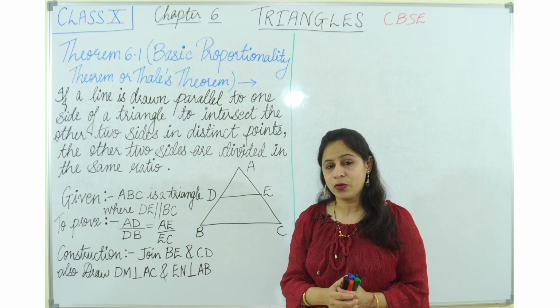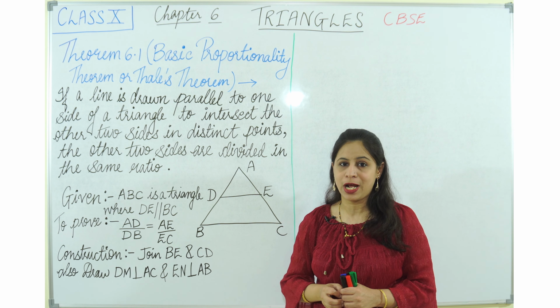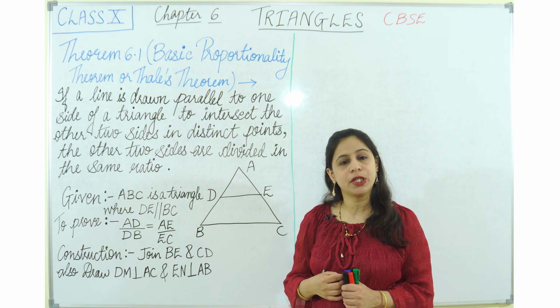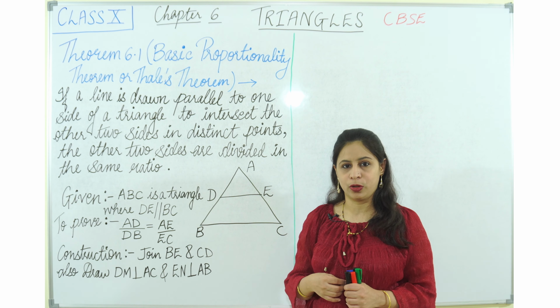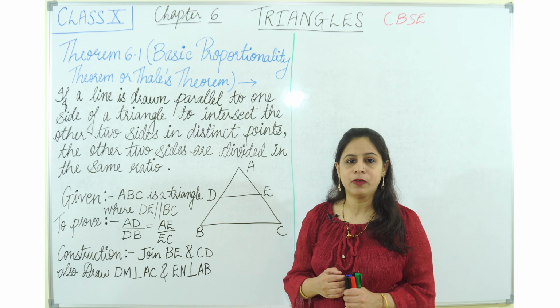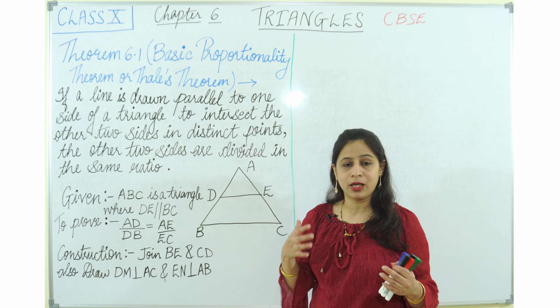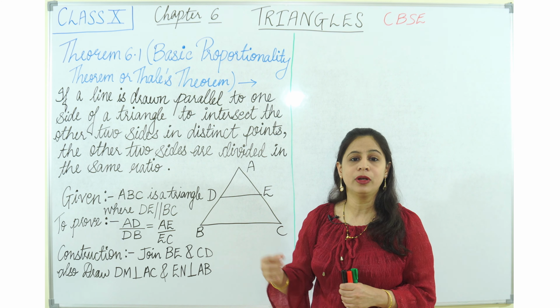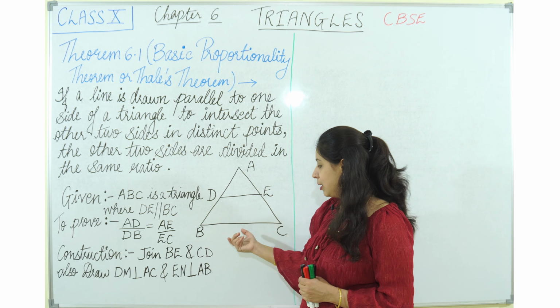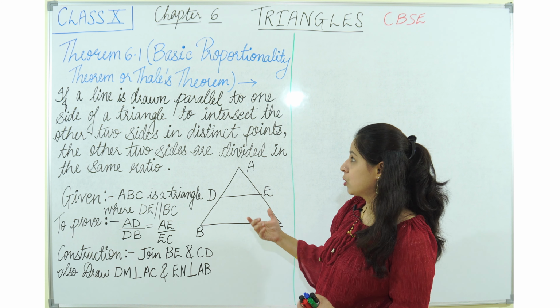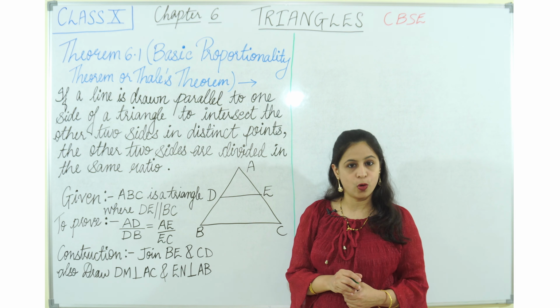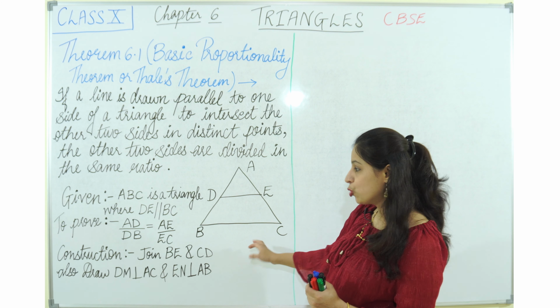Theorem 6.1 is also known as the Basic Proportionality Theorem, or sometimes Thales Theorem, because Thales was the one behind it. He kept on experimenting and found out this theorem, so it is also known as Thales Theorem.